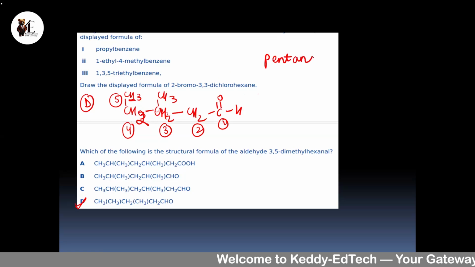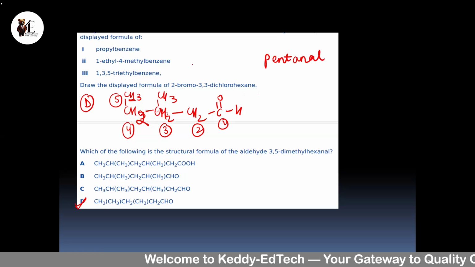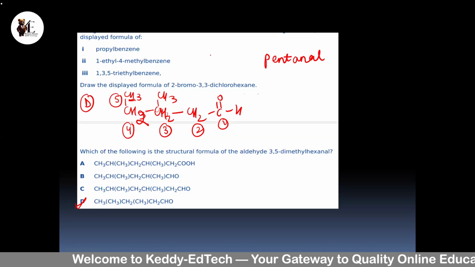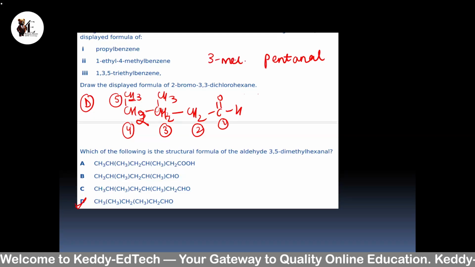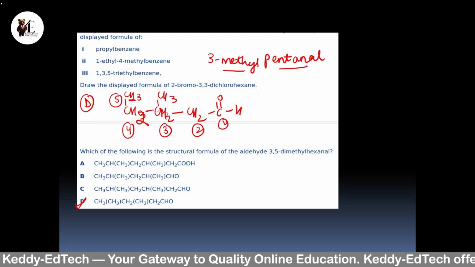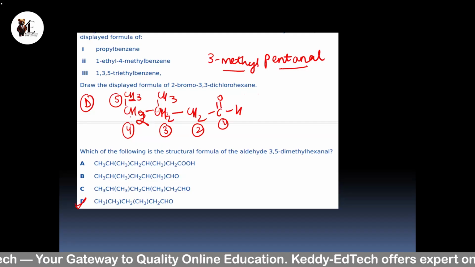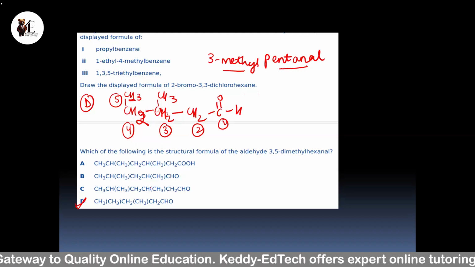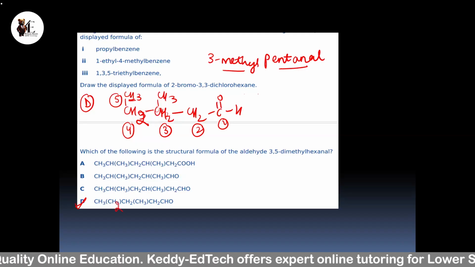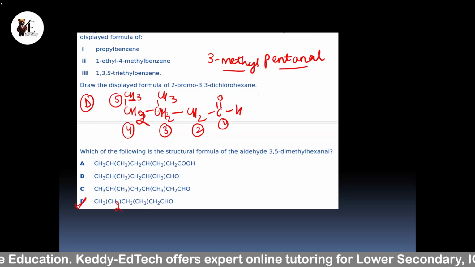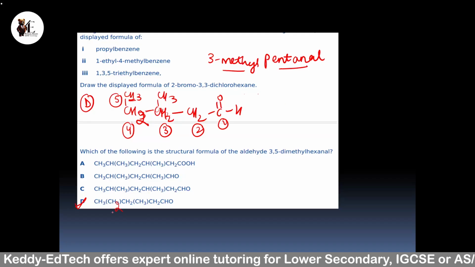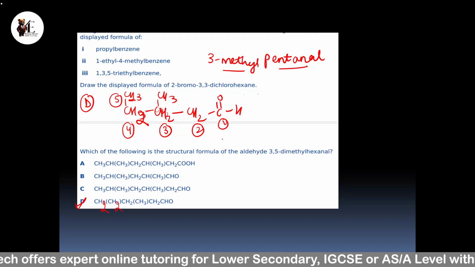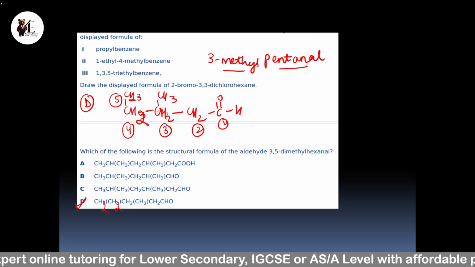Functional group is aldehyde, pentanol, and it should be 3-methyl pentanol. This is the IUPAC name of this compound, 3-methyl pentanol. This is misprinted. It should be CH2. Sorry, it should be CH2. Clear?